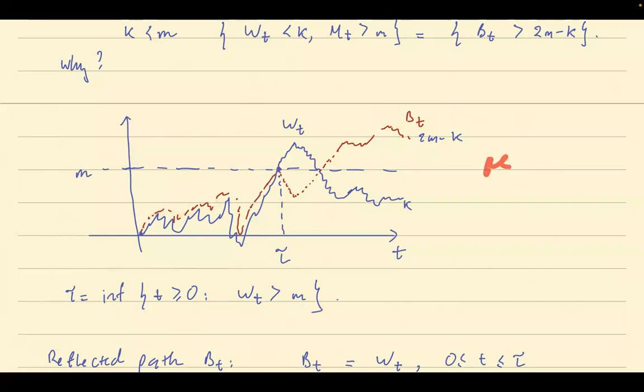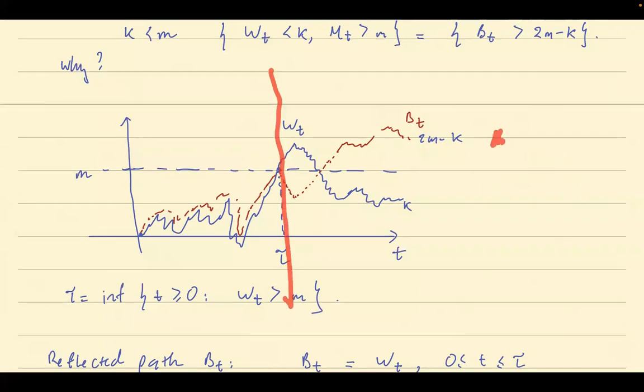If MT is bigger than M, what does that imply? Well, the relevance here for us is just whether we are before or after this time. So if MT is bigger than M, are we on the right-hand panel or left-hand panel? Which one?